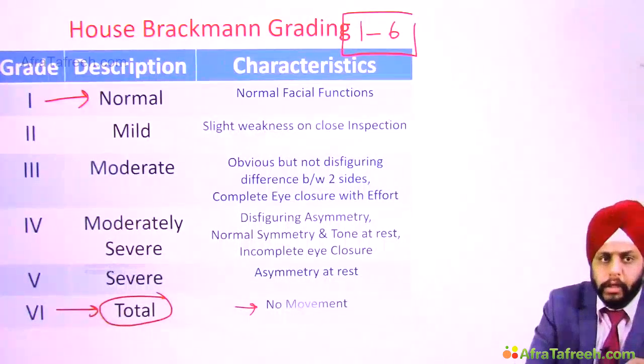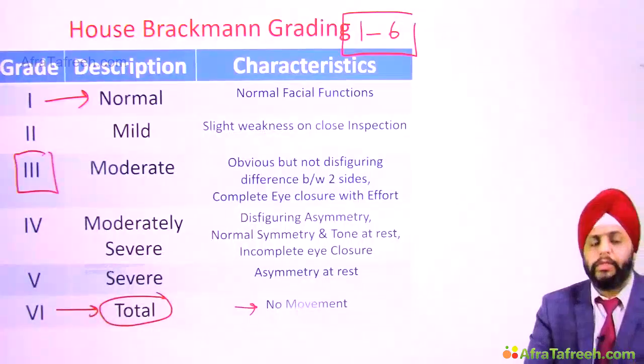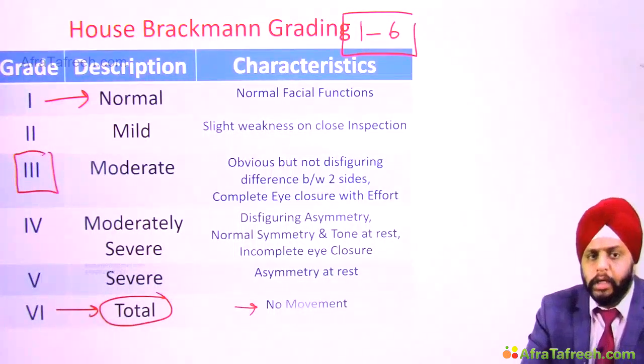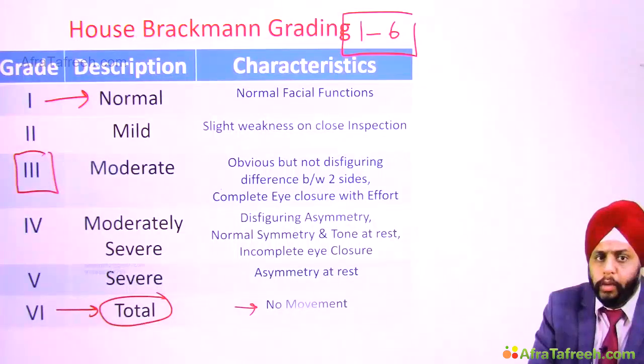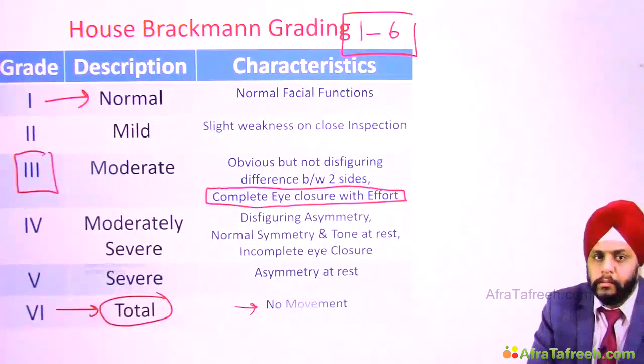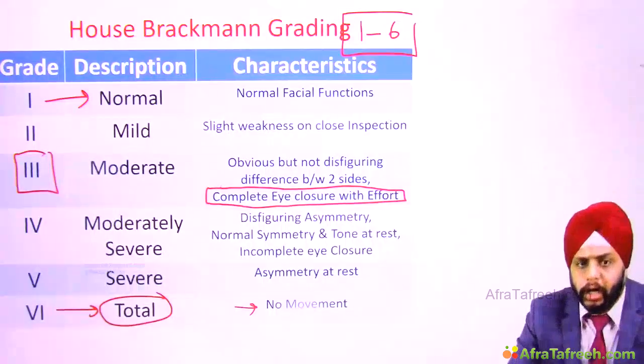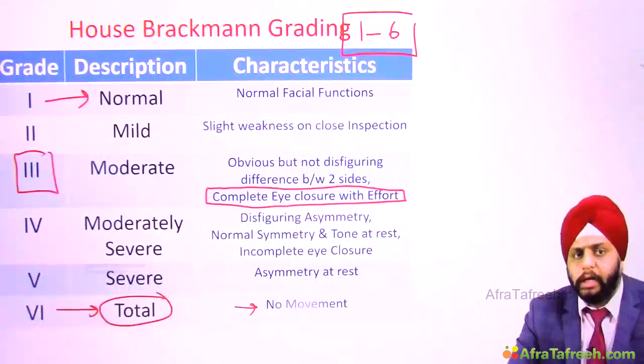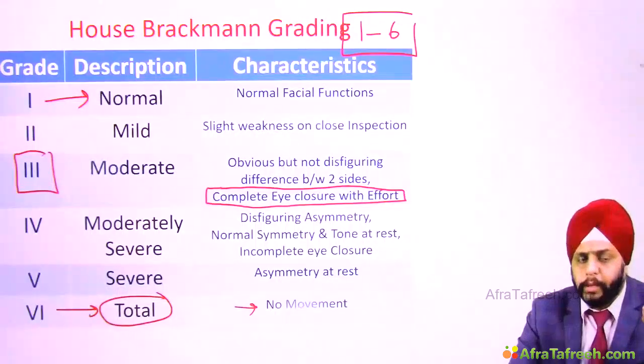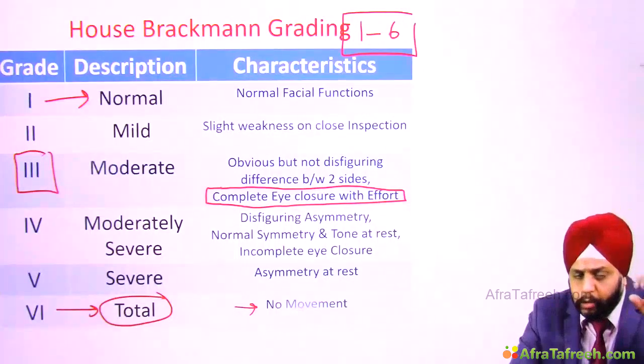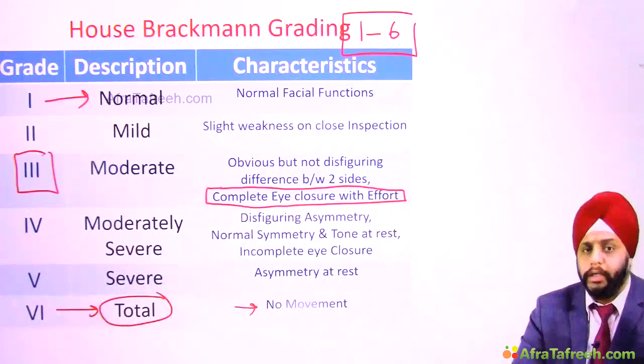Now grade 3. The important thing over here is complete eye closure with effort. That is your grade 3 facial palsy. That means till grade 3 the patient is able to completely close the eye.